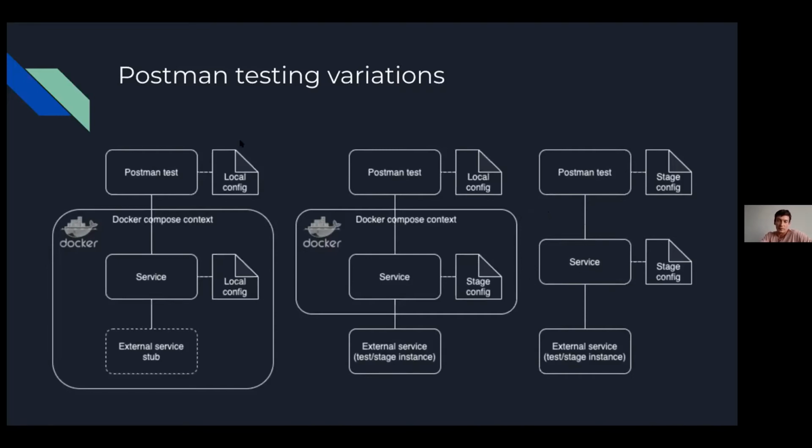What stays unchanged in these variations is that the Postman test scenarios stay the same, and the service implementation stays the same. What changes is the connection string between the Postman test and the service, and the connection string from your service to external services.